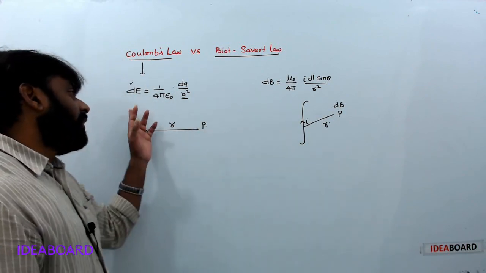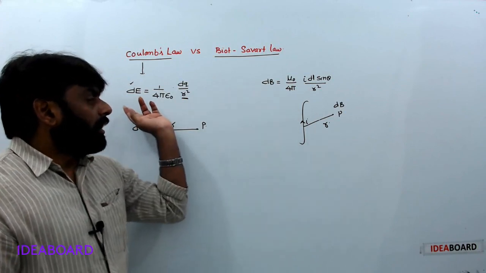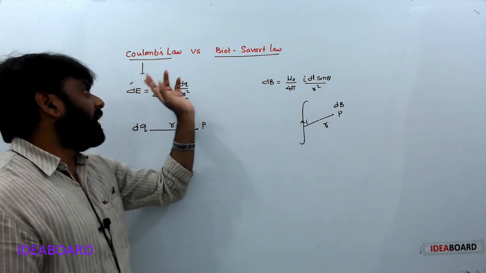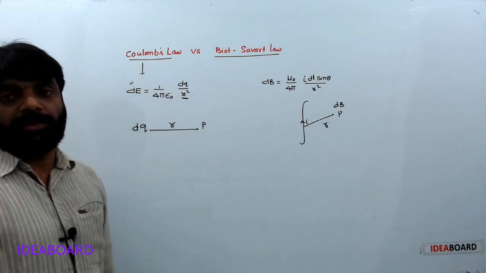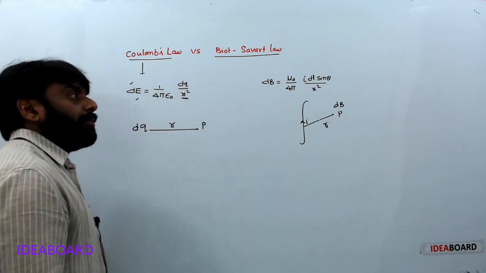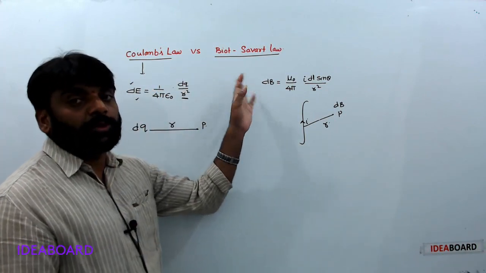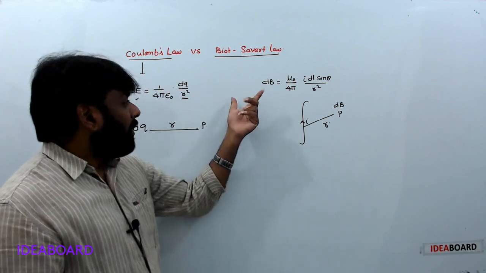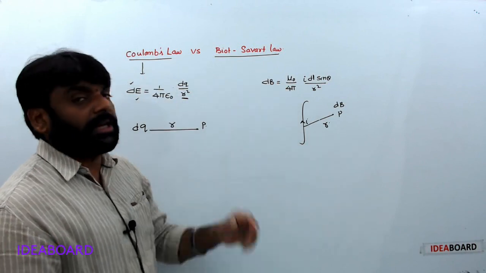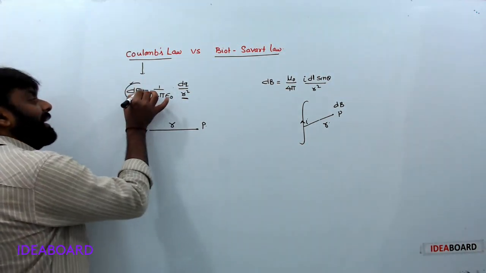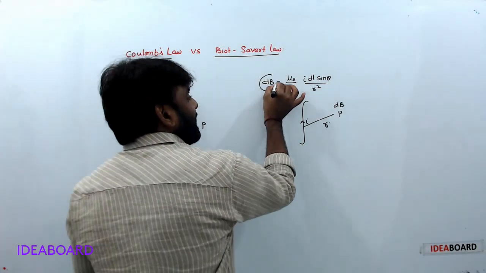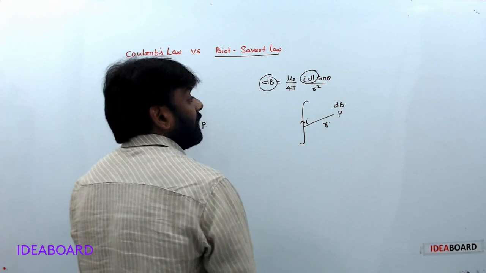Now, the principle of superposition is applicable for both Coulomb's law and Biot-Savart law, because dE is directly proportional to charge, linearly, and dB is directly proportional to I dl, linearly.